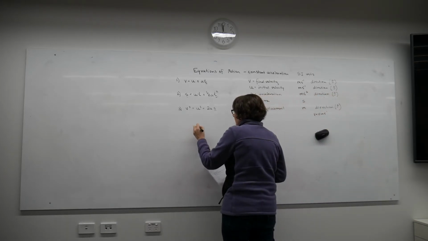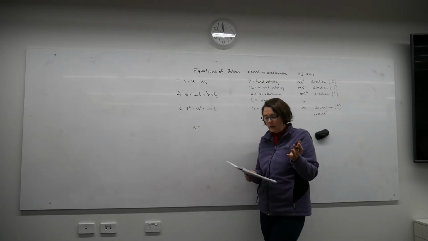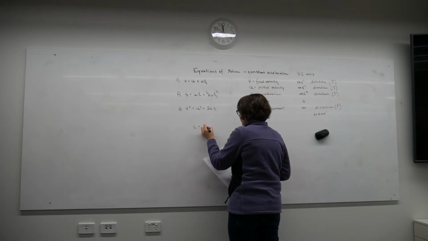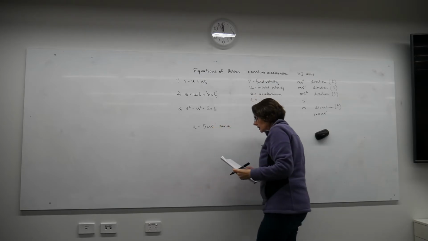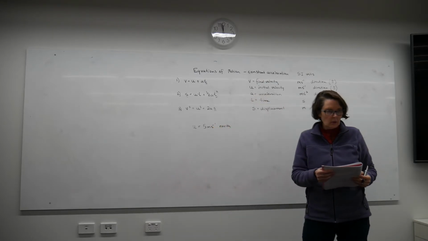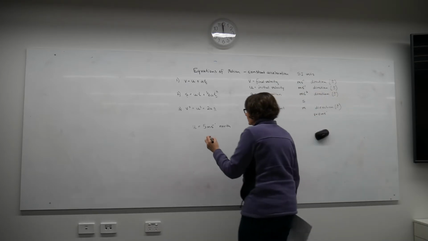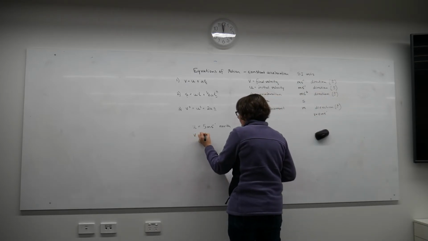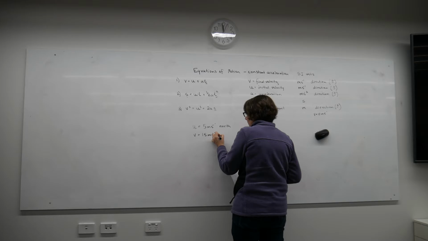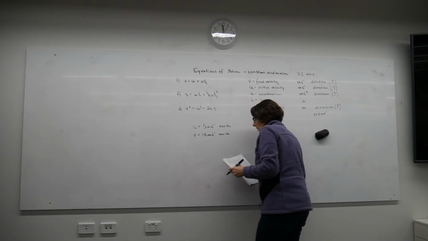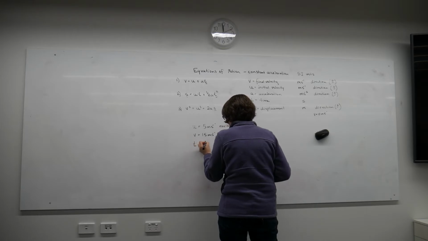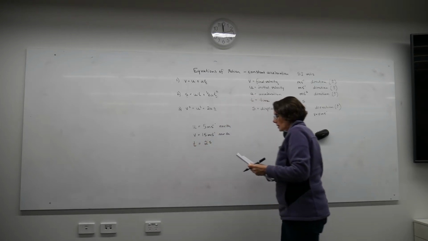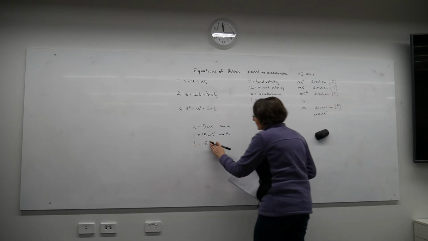Initial velocity. The moment you read that, you write it down. It speeds up to 15 meters a second north. So that's got to be its final velocity. And it did that over 2, oops, 2.5 seconds.